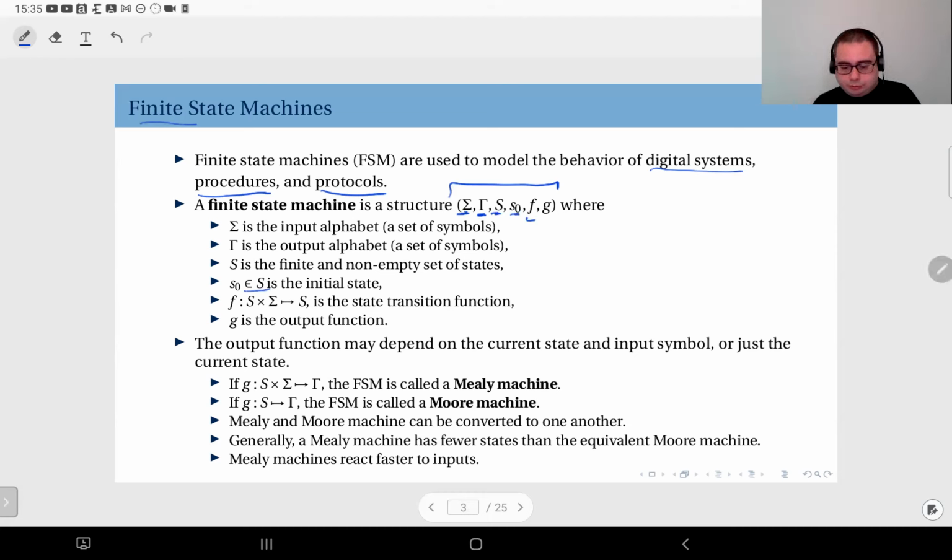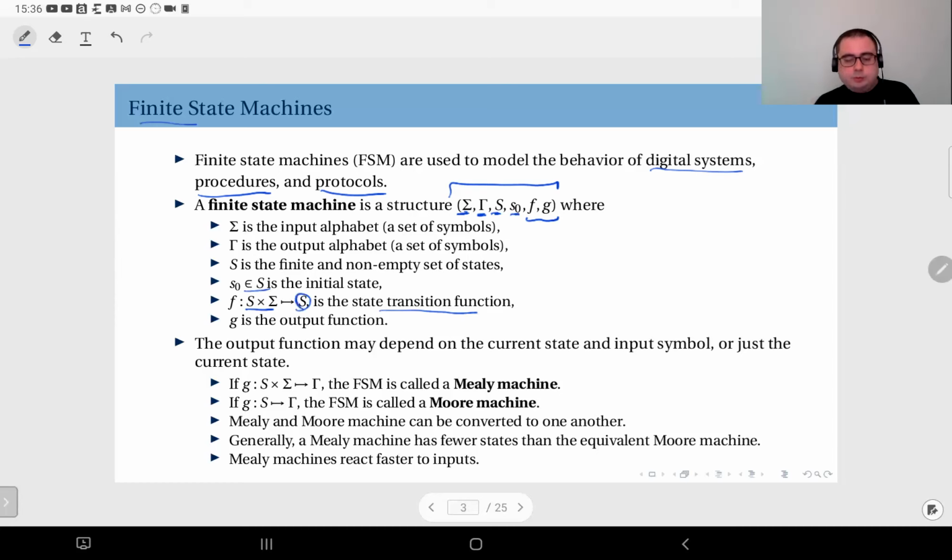And the last two are two functions. F here is the state transition function. As you see, it has inputs in the form of ordered pairs, where the first one is the state and the second one is the input symbol. So in a general sense, the next state is going to be determined by the current state and the input symbol.